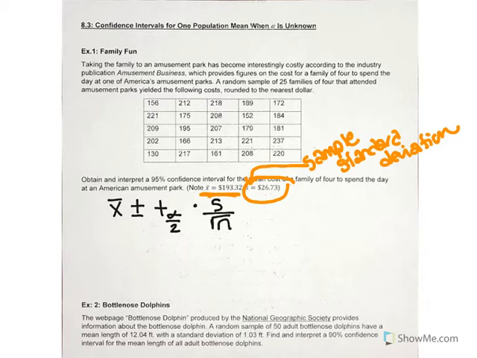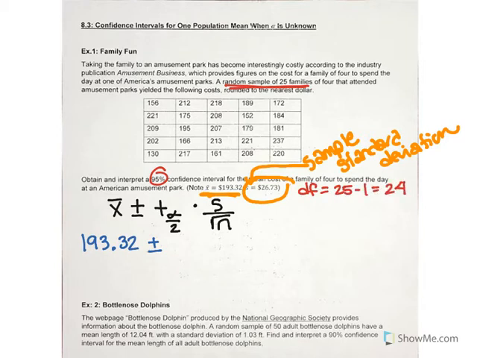So we're going to plug in our mean is $193.32 plus or minus. Now it tells us we're going to do a 95% confidence, and we have a sample of 25 families. So your DF would be 25 minus 1, which is 24.